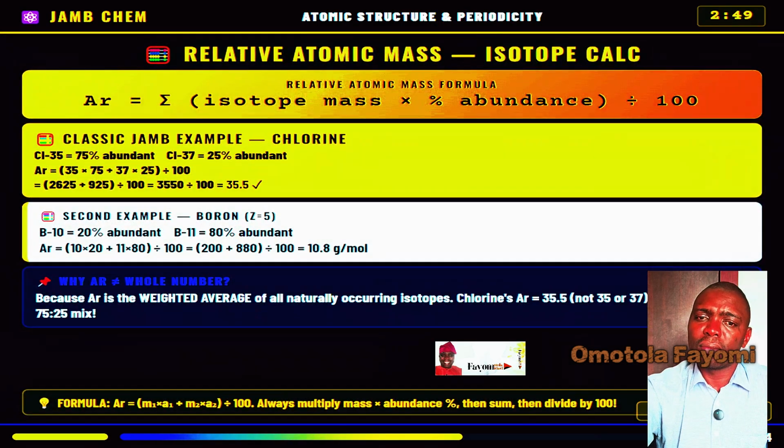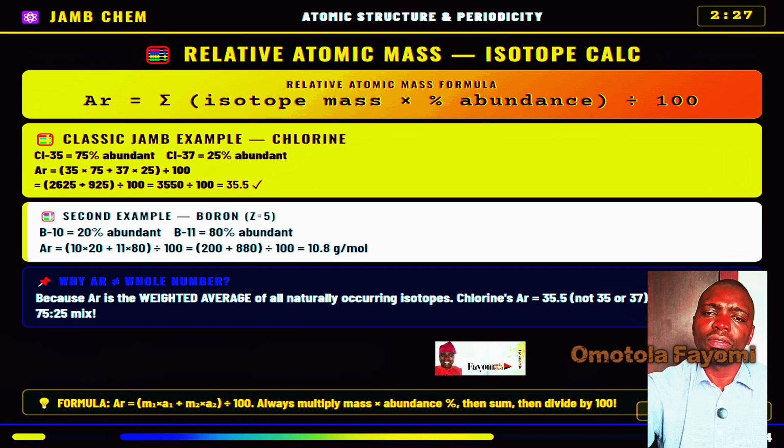Why is the atomic mass of chlorine 35.5, not 35 or 36? This is the isotope calculation. The relative atomic mass is a weighted average of all the naturally occurring isotopes. The formula: AR equals the sum of each isotope mass times its percentage abundance, divided by 100.